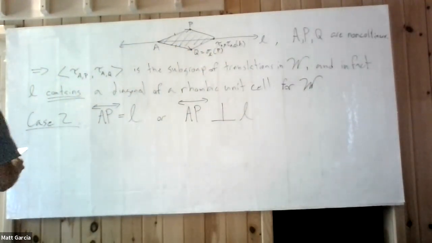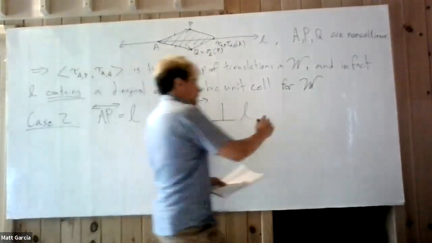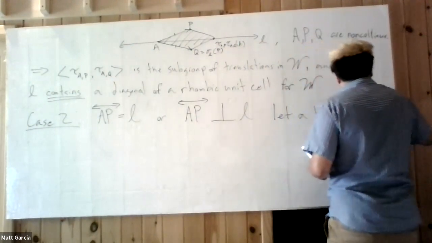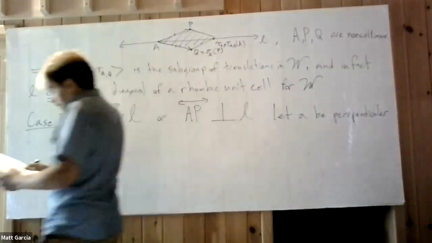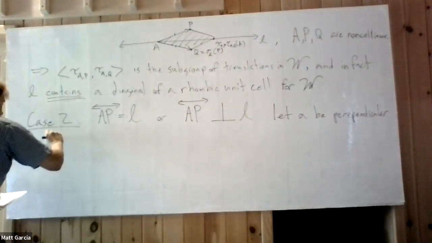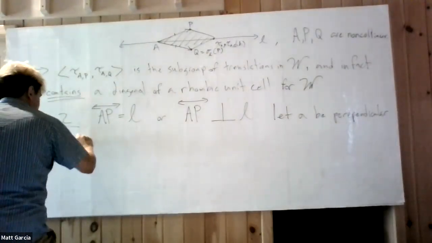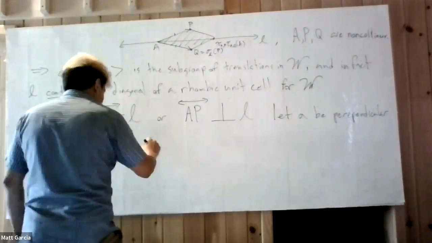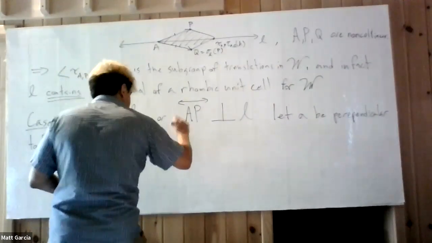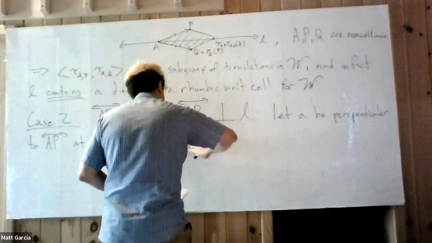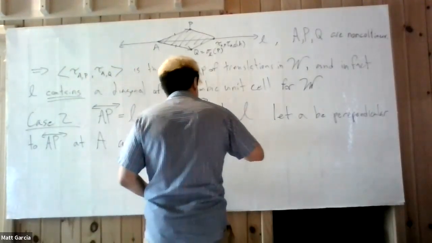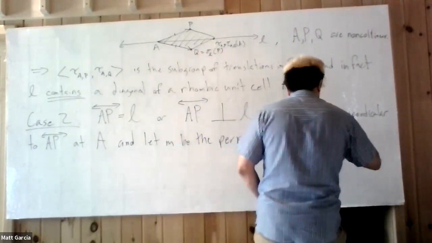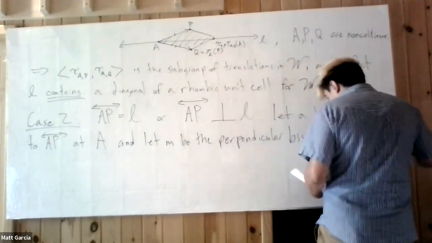Okay. So let's first let A be perpendicular to the line AP at the point A. And also let's let M be the perpendicular bisector of the line segment AP.